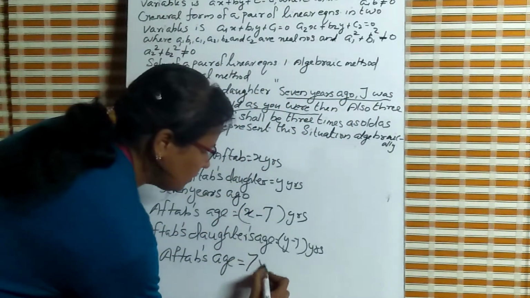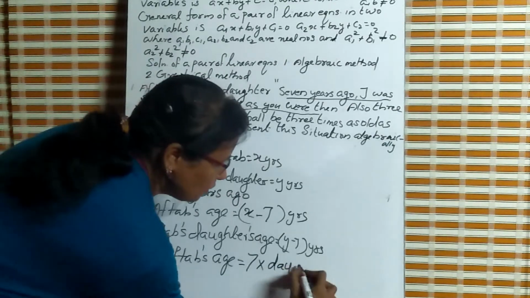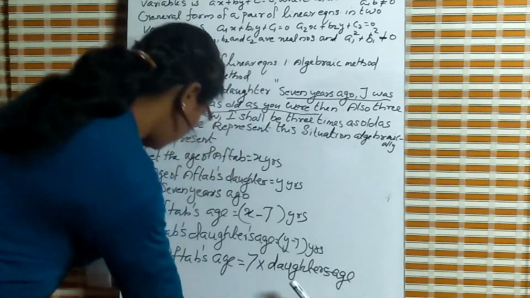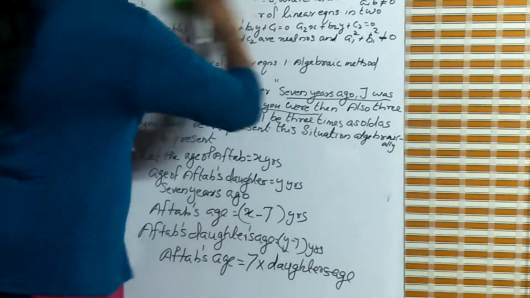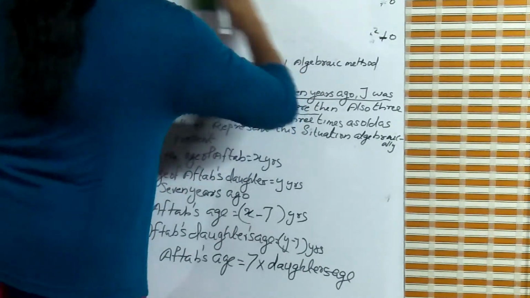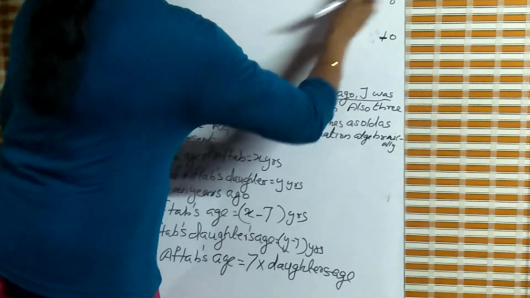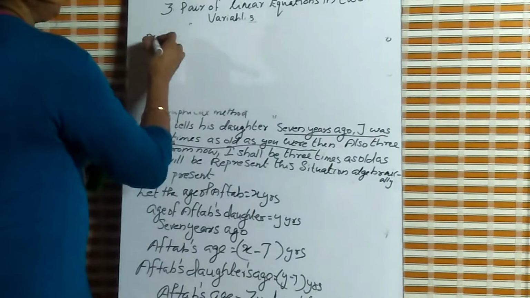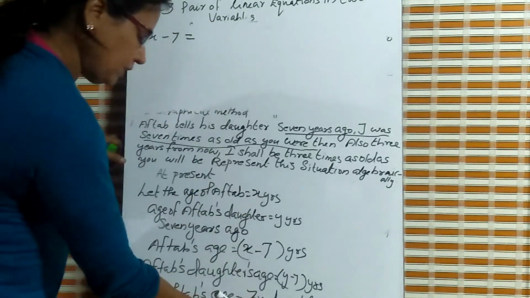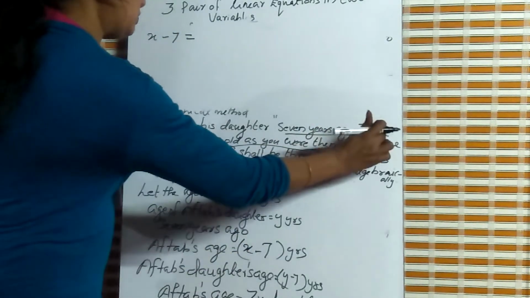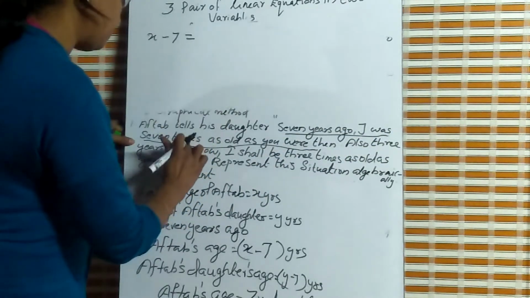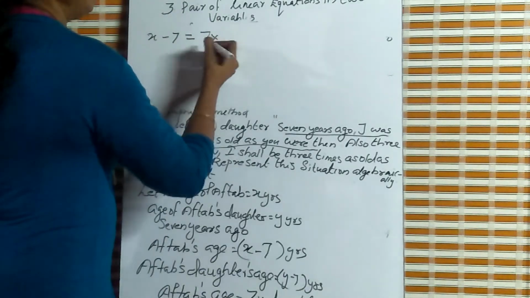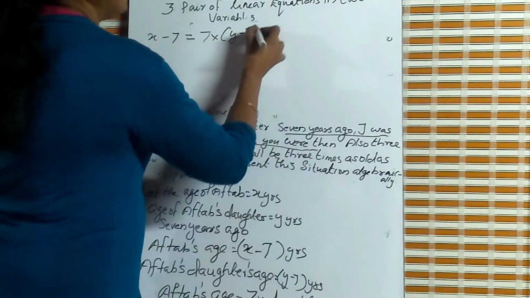So Aftab's age 7 years ago is x minus 7, and that is equal to 7 into daughter's age, which is y minus 7.